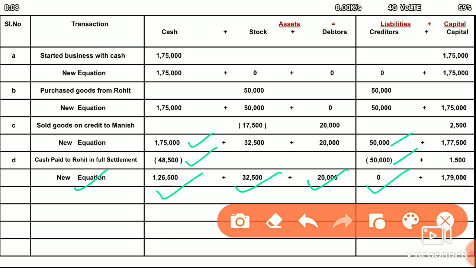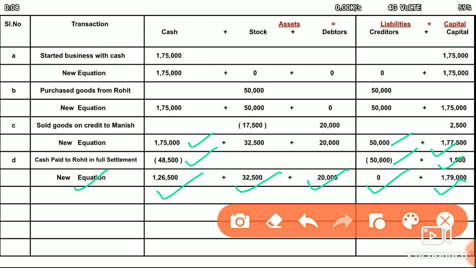Then the capital, which was 1,77,500, there is a benefit here of 1,500 in the form of cash discount received, so it will increase by 1,500, so the balance will be 1,79,000.